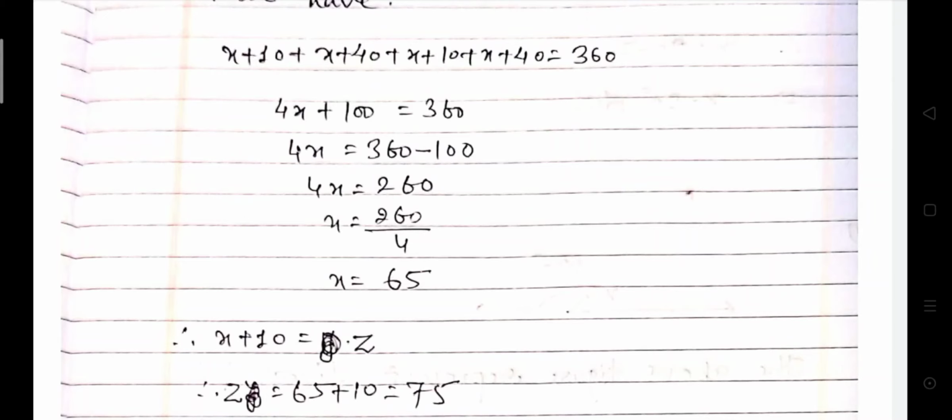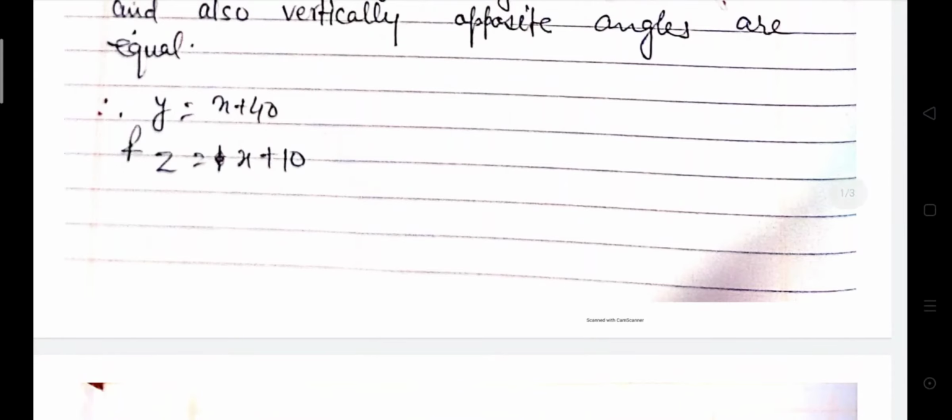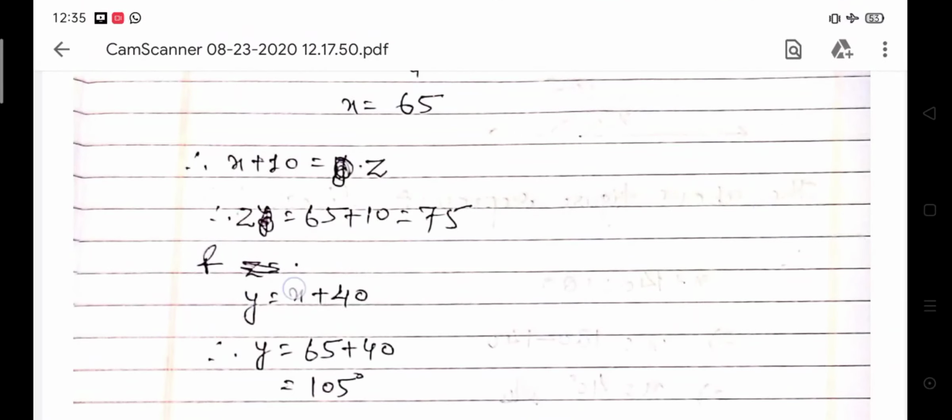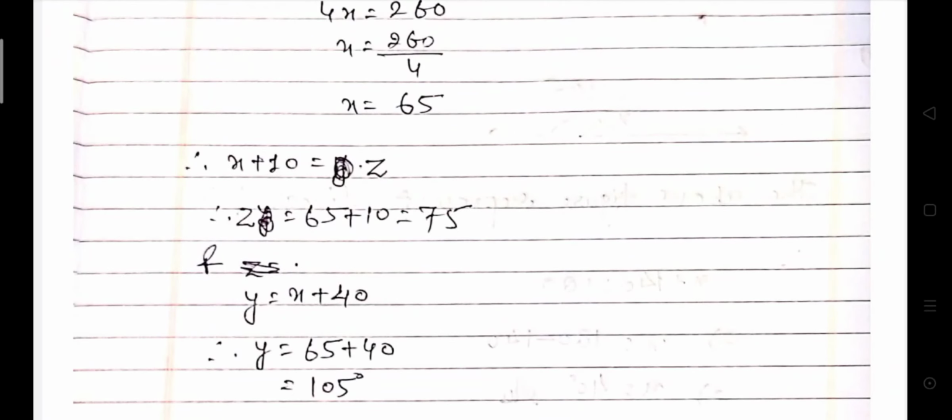So this is the solution that gives the value of x is equal to 65, and in the above we wrote that y is equal to x plus 40. So we find the value of y is equal to x plus 40, or y is equal to, put the value of x, that is 65 plus 40, and we get y is equal to 105 degrees.